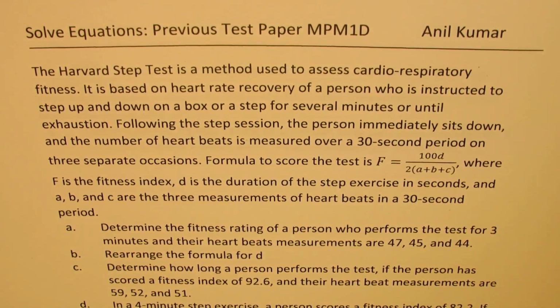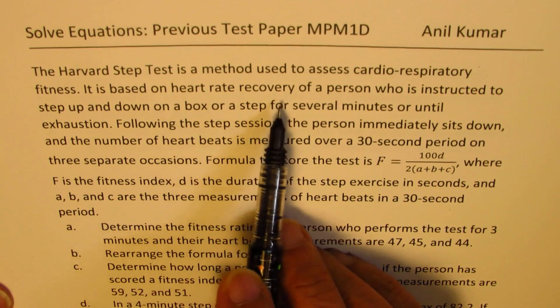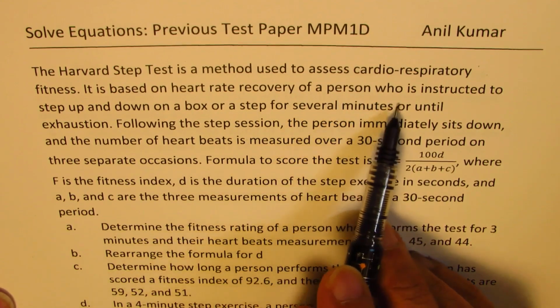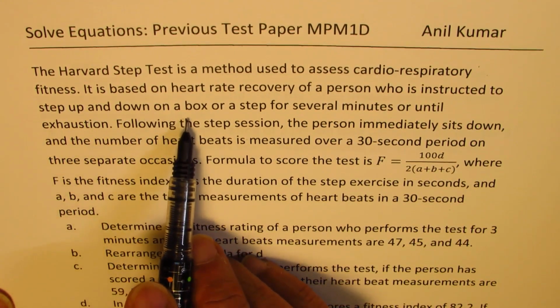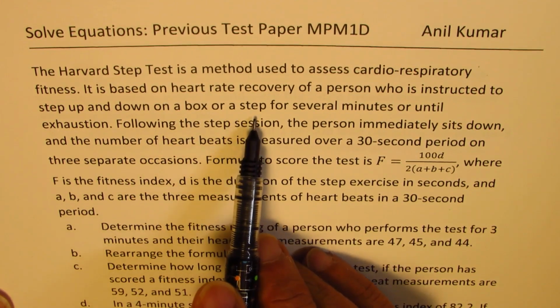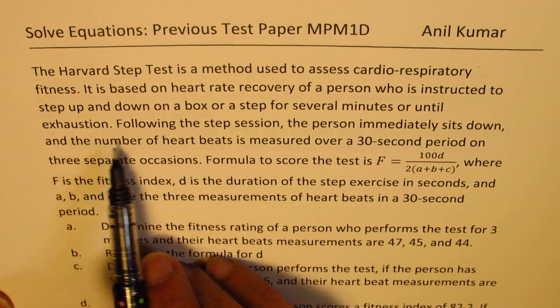The Harvard step test is a method used to assess cardiorespiratory fitness. It is based on heart rate recovery of a person who is instructed to step up and down on a box or a step for several minutes or until exhaustion.